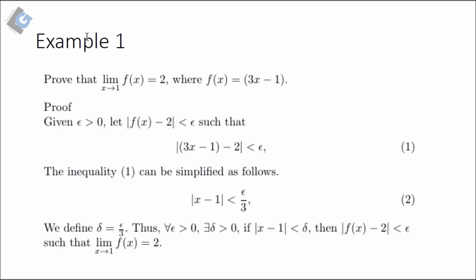Then this inequality can be simplified as the following: the absolute value of x minus 1 is less than epsilon divided by 3. So final step, we define delta equal to epsilon divided by 3.